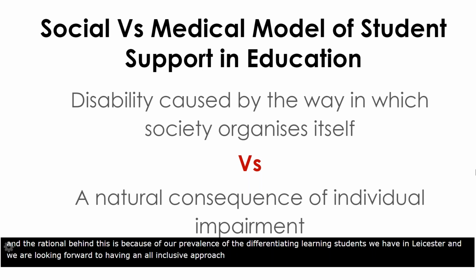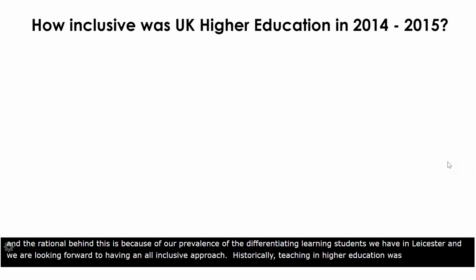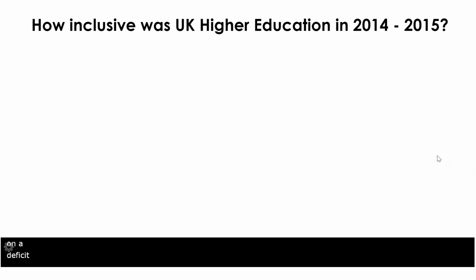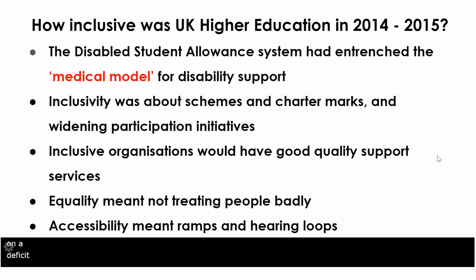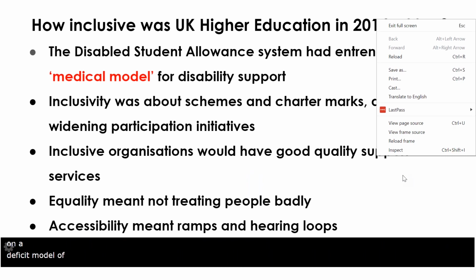Historically, teaching in higher education was very much based on a deficit model of having students supported in their learning by something identified as a disabled student allowance.